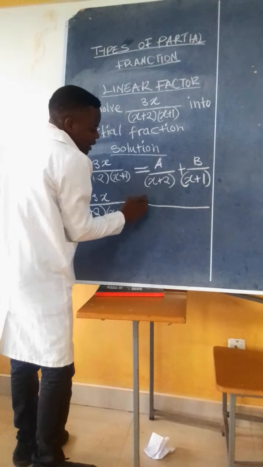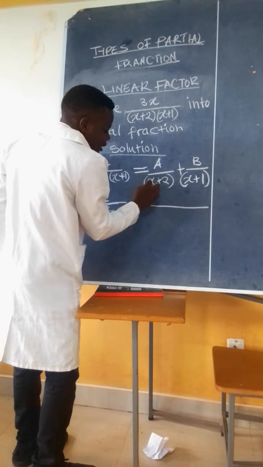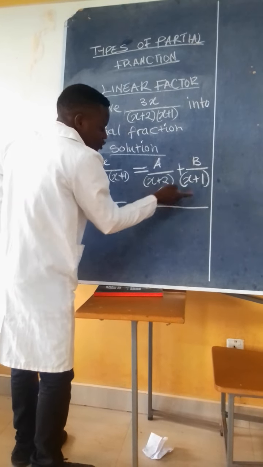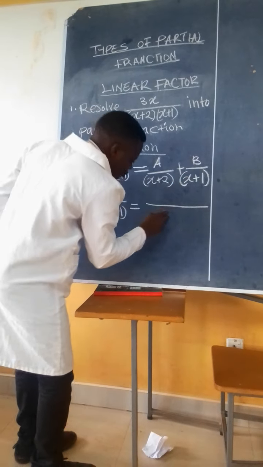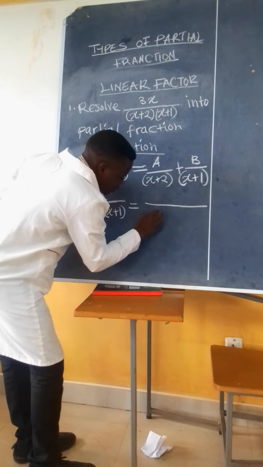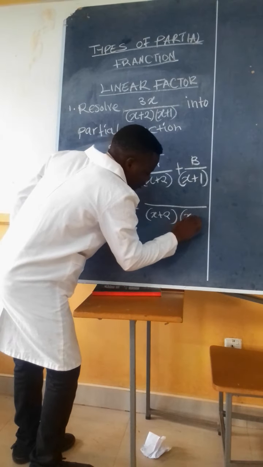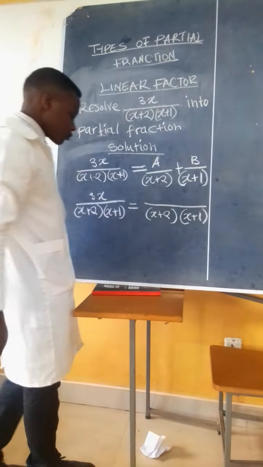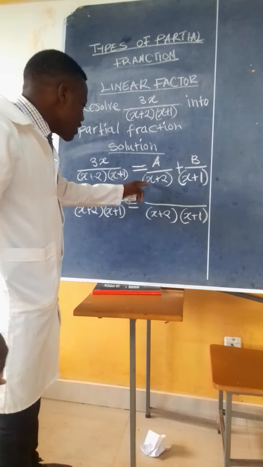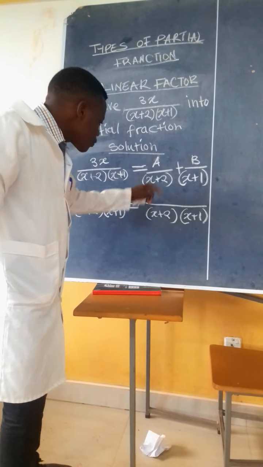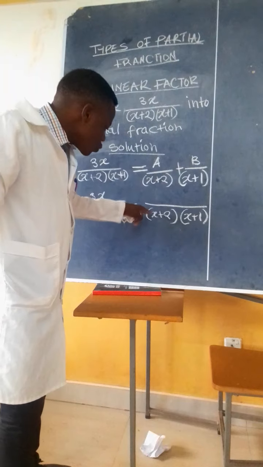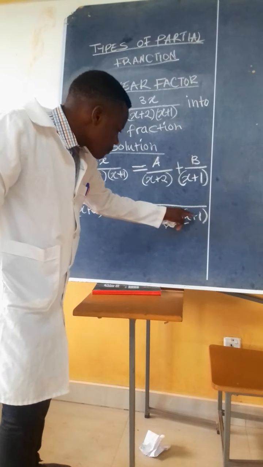The common denominator is open brackets x plus 2 close brackets open brackets x plus 1 close brackets. So we say x plus 2 into x plus 2, x plus 1.